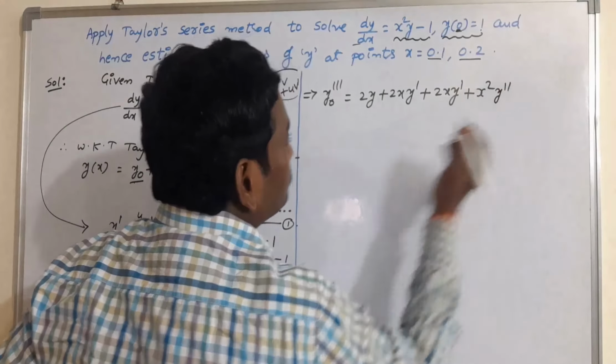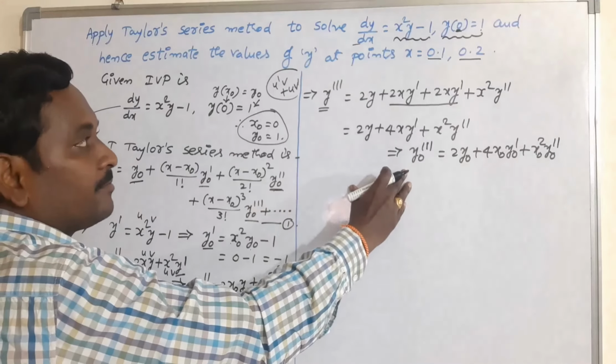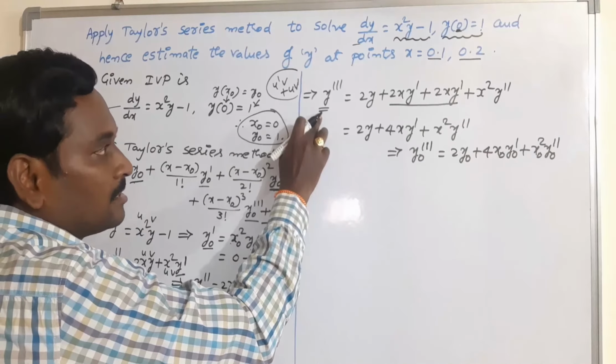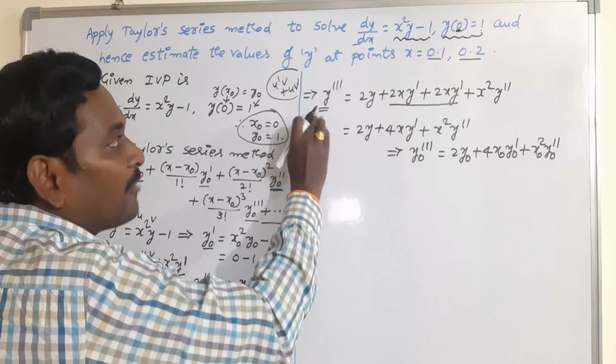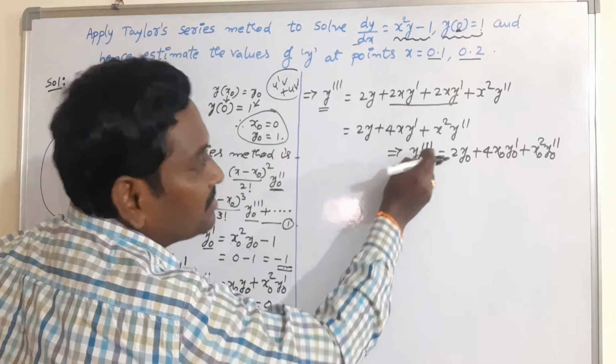Now write the expression of y naught triple dash, which is 2y naught plus 4x naught y naught dash plus x naught square y naught double dash. Writing this expression is very important. This is y triple dash. From this y triple dash value we have to write the expression of y naught triple dash.